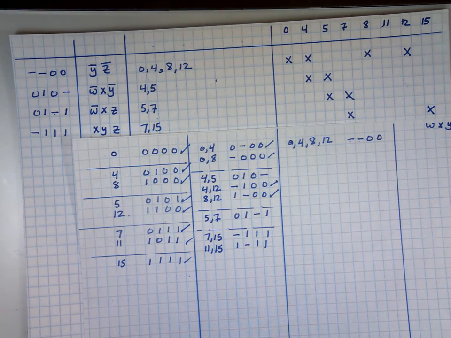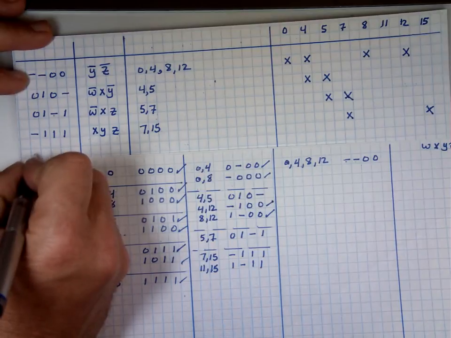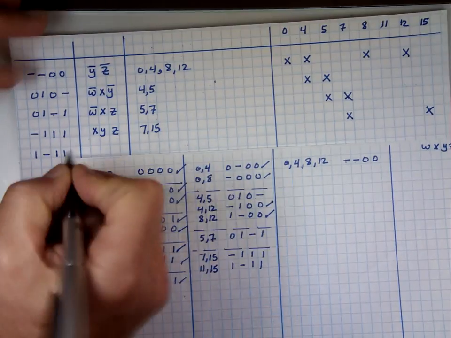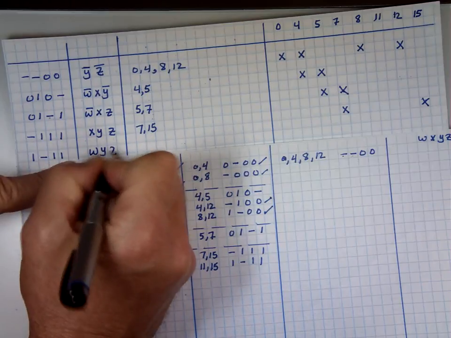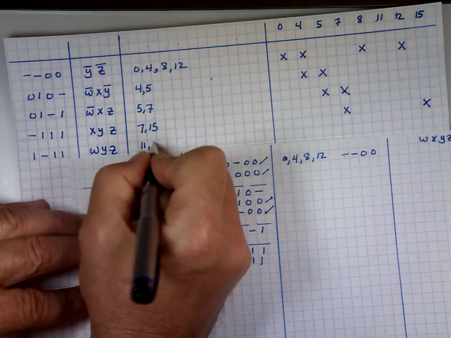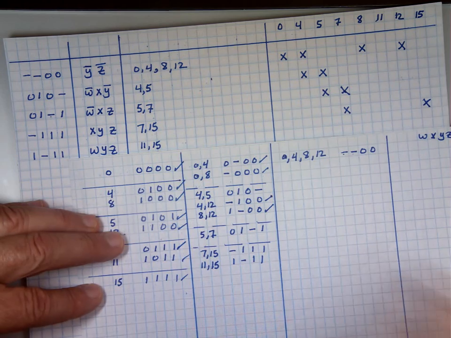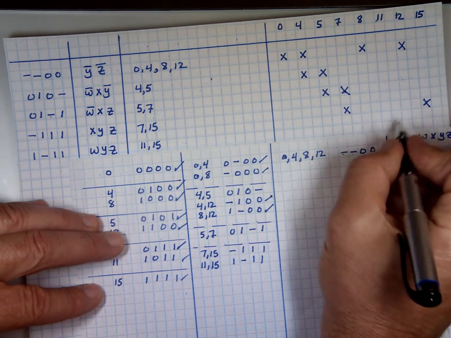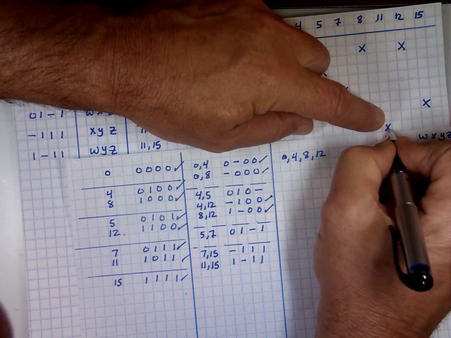And the last one, 1 dash 1, 1. W, X is gone, Y and Z. And that will cover 11 and 15. Let's find 11. That's this one. And 15, that's that one.